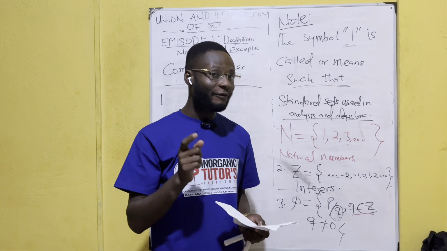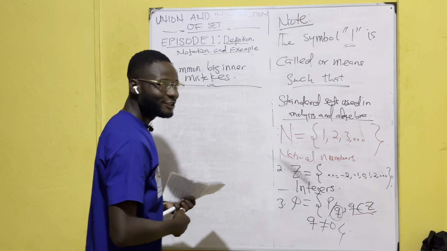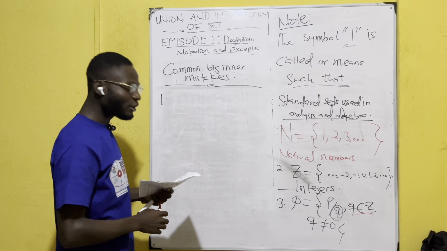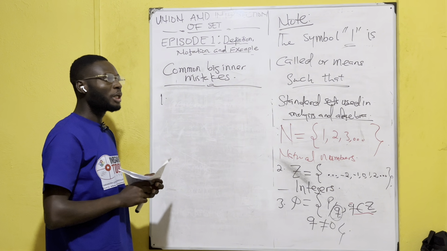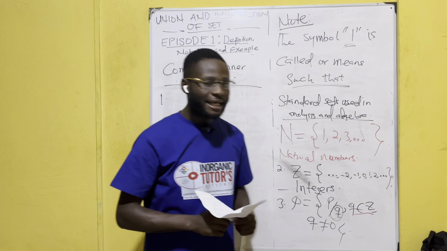If you see red ink, it means danger. All right. So the first common mistake is confusing an element with a set.